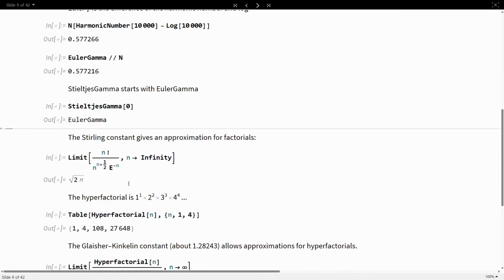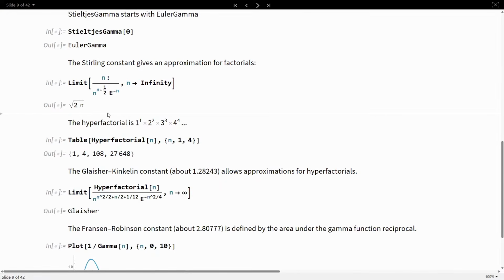So one way of expressing Euler gamma is with this sort of series here. So this value here is what's known as the Stirling constant, square root of 2 pi.